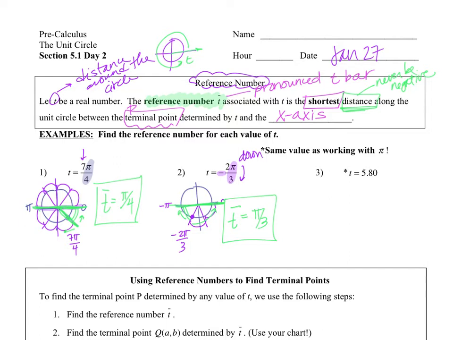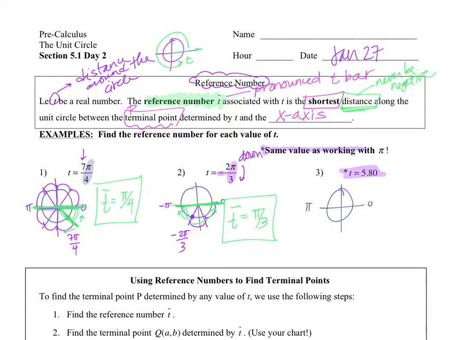Next one, a little tricky. So here's my unit circle. Here's 0, here's pi. But then I look at t. And I'm saying t is equal to 5.80. Well, that's a decimal.